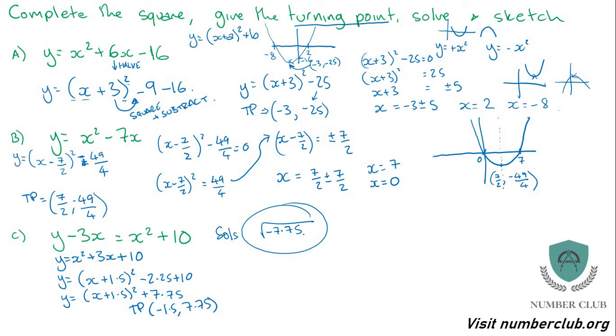Well, no. You cannot root a negative number. So, as I mentioned at the start of the video, sometimes you can't solve these. Sometimes they don't have solutions. And the fact that this doesn't have a solution means that completing the square can tell us the only things we could know about it, which is that we've got -1.5, 7.75 as the turning point.